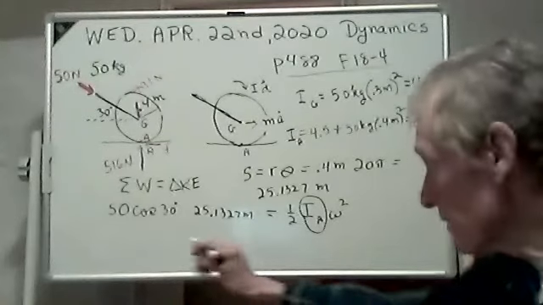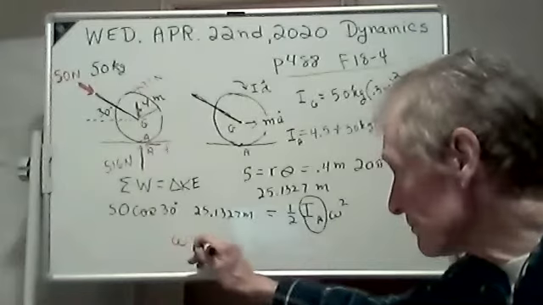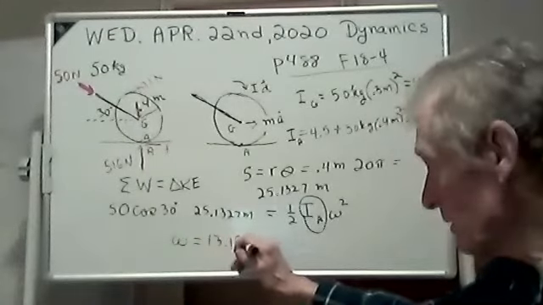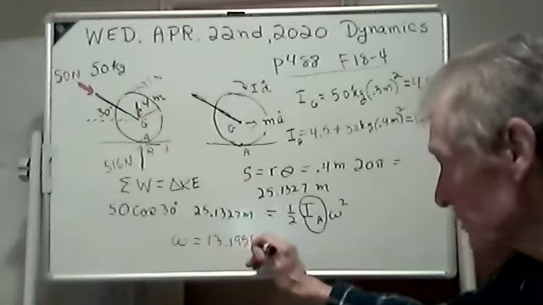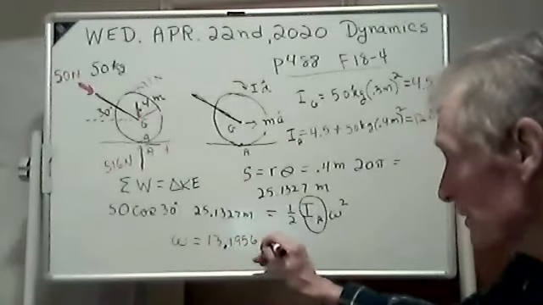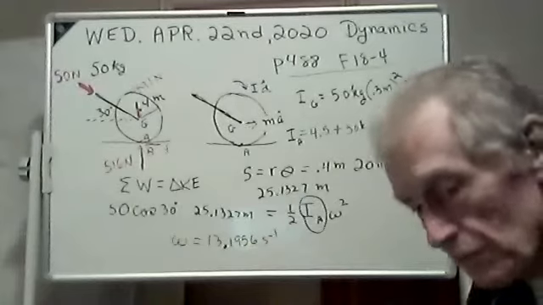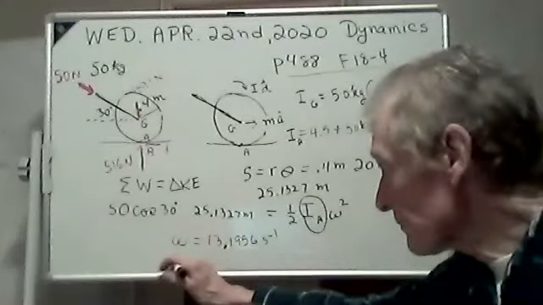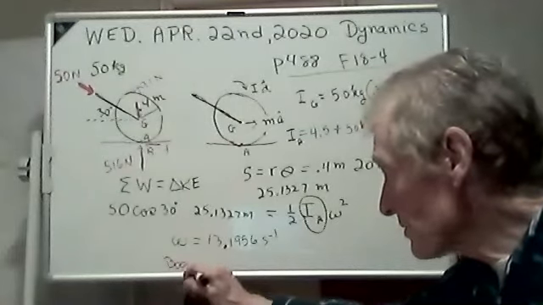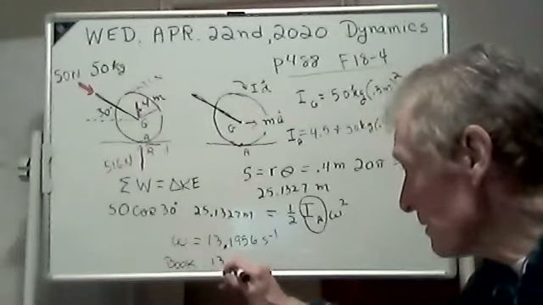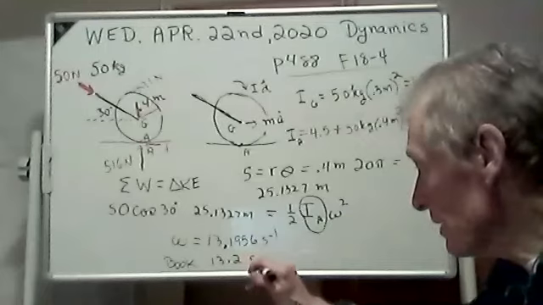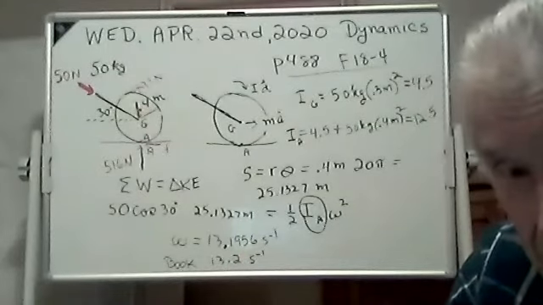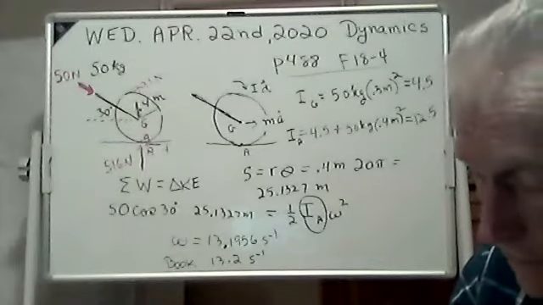And here's what I'm getting when I take the square root: 13.1956 radians per second. I think that's what we got last time. I erased it. But I remember the book rounded this off to 13.2 radians per second. Hey, we did it with Newton's and with work energy.